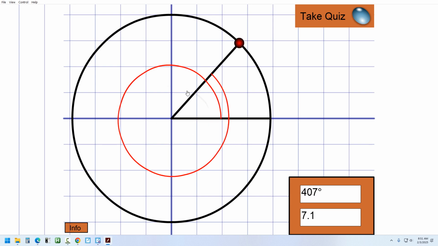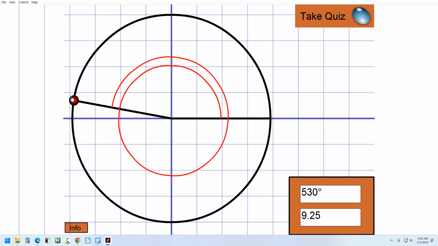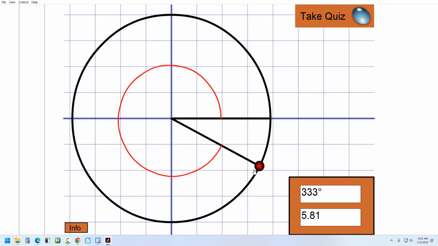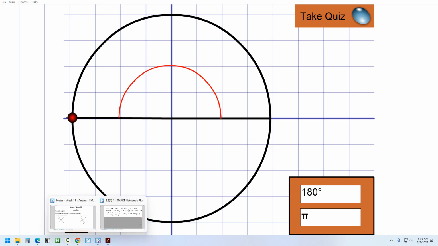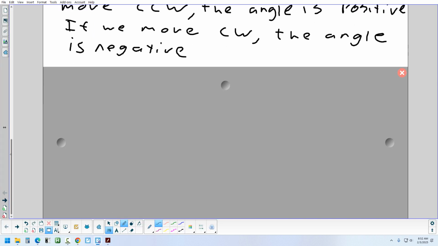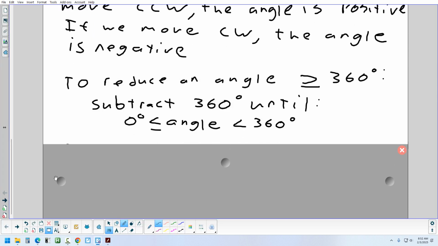If I have an angle over here, like 540, off the top of your head you might have a hard time visualizing it because that angle is big. But if you subtract 360 from it, subtract 1 revolution, you get an angle that's smaller, and you get an angle that you should know the coordinate of. So that's a trick that we can use to work with angles that are too big.